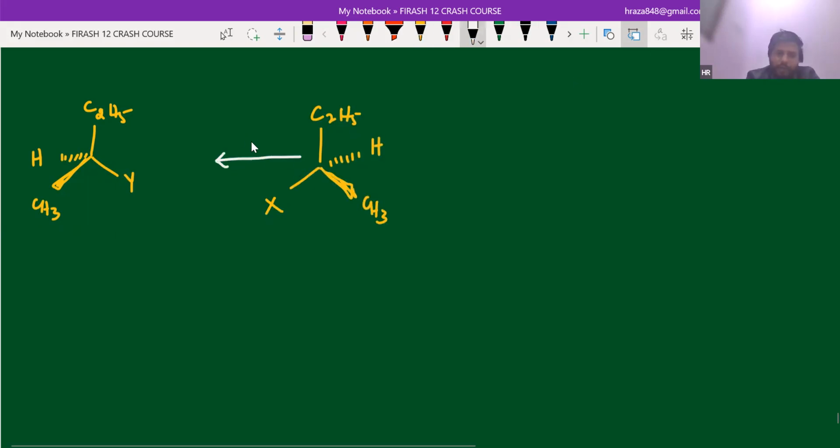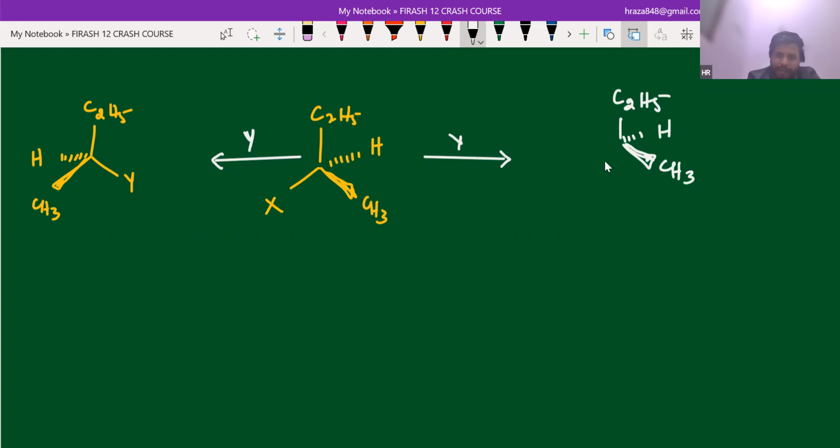Now see what happens. If you react this with Y, there are two possibilities. Either Y will just be substituted for X in the way I'm going to write it. Just focus here. Either Y will just replace X at the same place, or Y will attack.